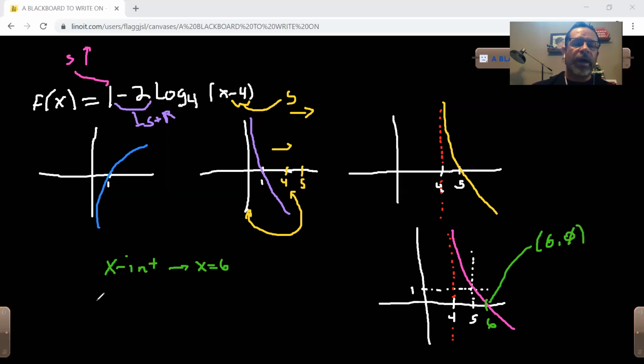And remember about the y-intercepts? What did we find about the y-intercepts? That we had no y-intercepts. And why is that? We've got an asymptote here. And remember that it's never going to cross the asymptote.